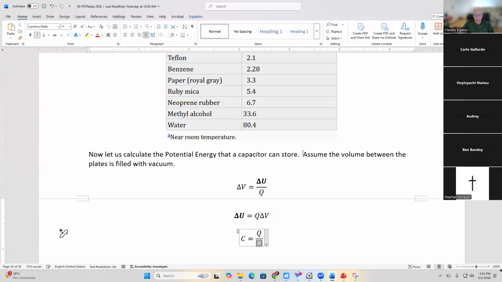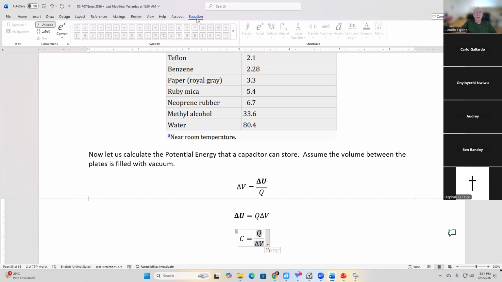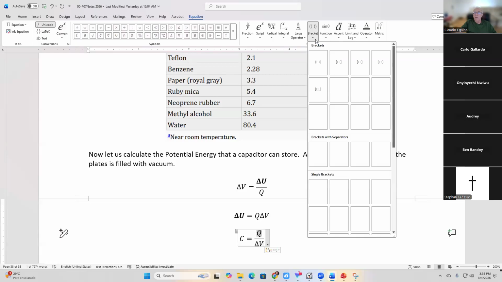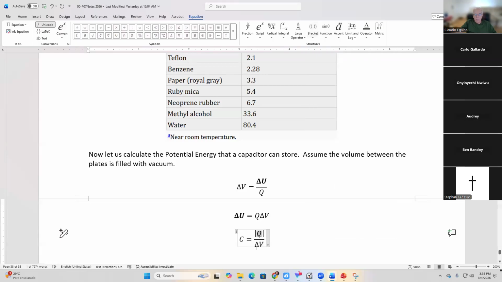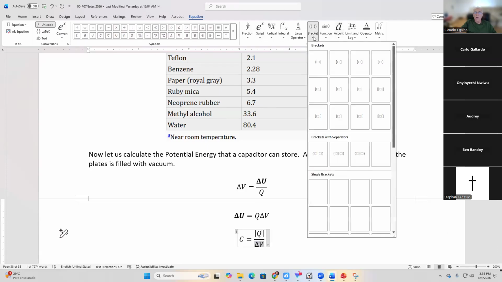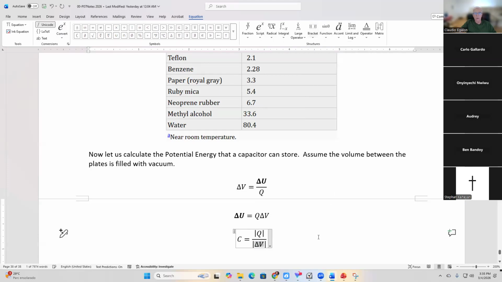And let's not forget, I want to use the same notation, delta Q, and don't forget, both of them are magnitudes. Could have done both in a single stroke, right?